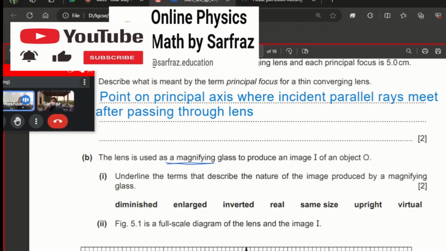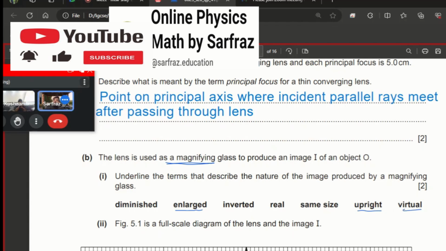It makes it bigger, so it is enlarged. Next, it is not inverted. It is upright, very good, and it is virtual. Very good. So these three things.